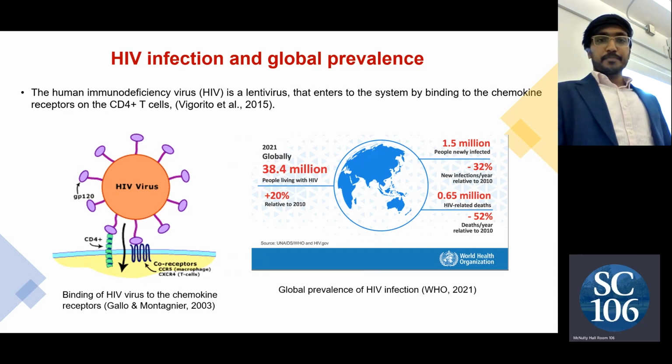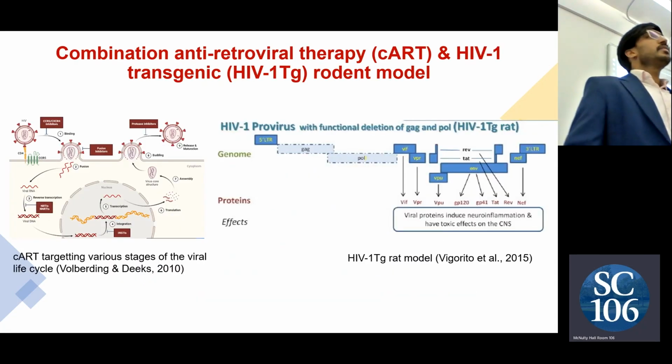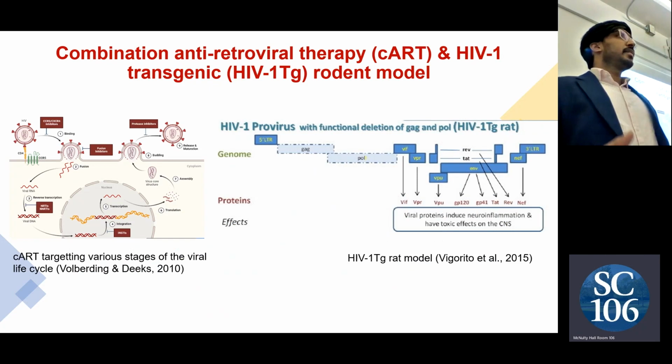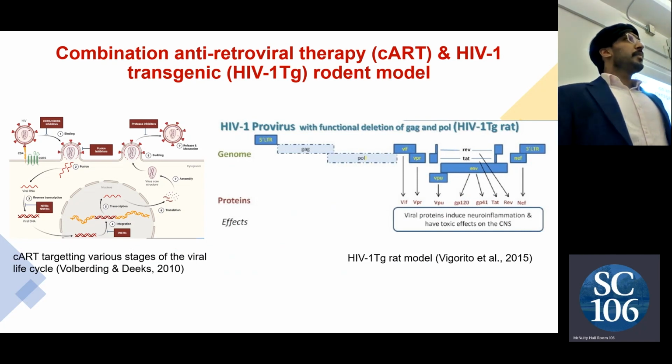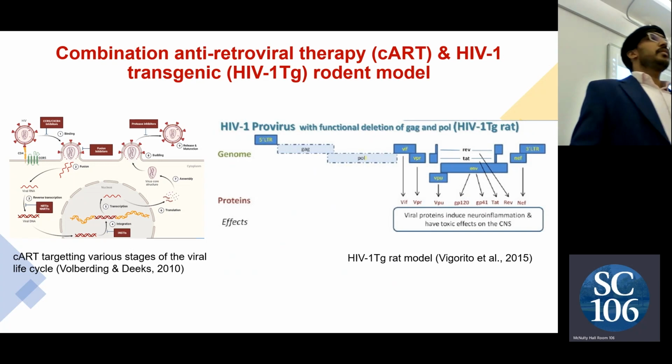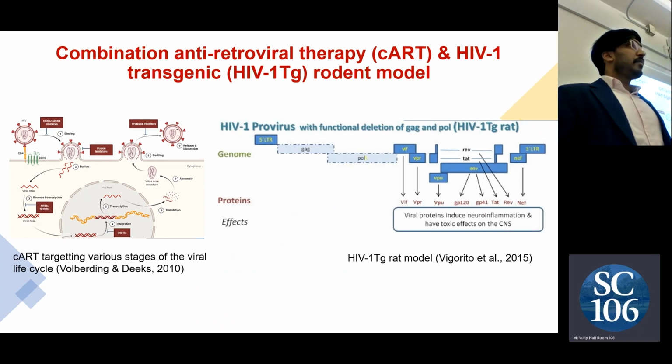Combination antiretroviral therapy is a combination of antiretroviral drugs which target various stages of the life cycle. ART has been very successful in controlling or preventing the infection. However, the neurological abnormalities induced by the HIV virus have not been addressed by ART treatment.